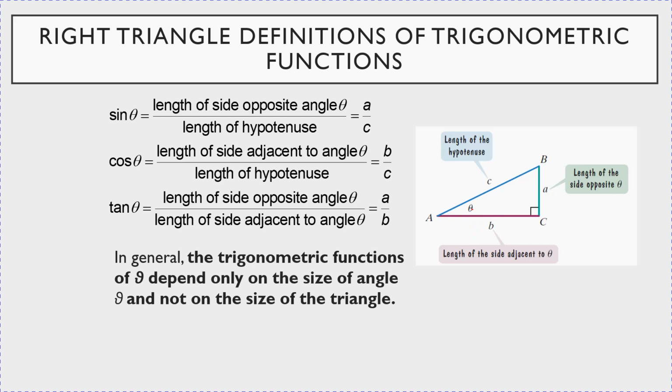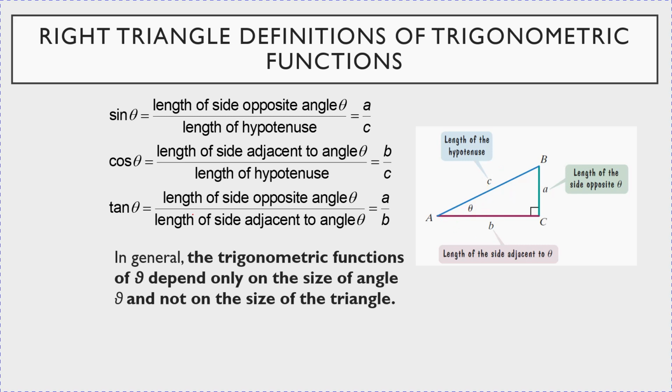Let me go through that again. Here's angle theta. This side is the length of the side opposite it. B is the length of the side adjacent to theta, so think of it as attached to theta. And C is the length of the hypotenuse.